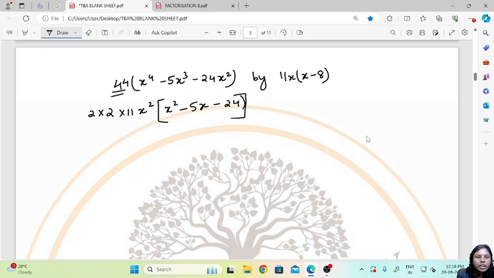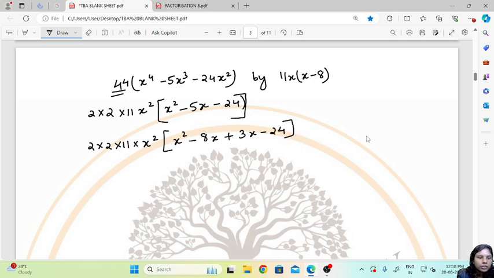Now we can split this middle term: 2 into 2 into 11 into x square, and we split the middle term, x square minus 8x plus 3x. On subtraction you get minus 5x minus 24.